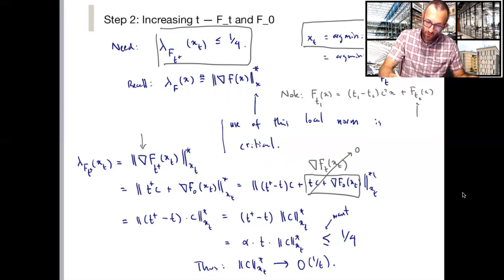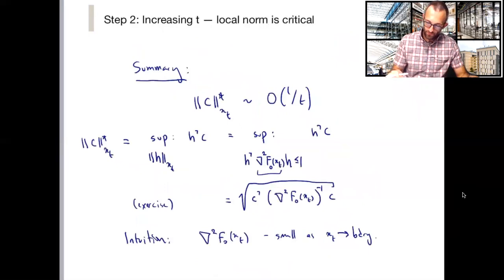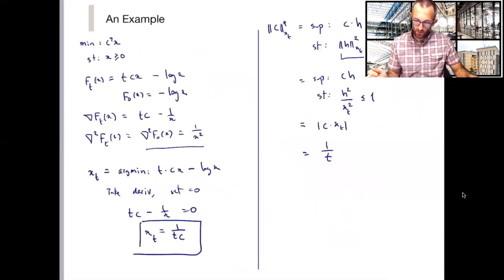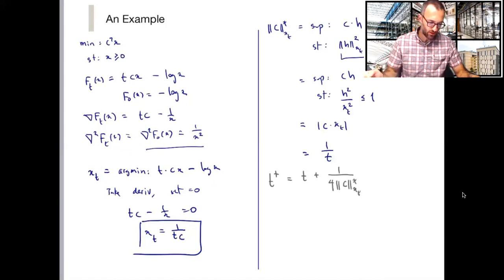And what we just did now is for the very simple example of log, we did this calculation. So that means that we can take t plus equal to t plus 1 over 4 times the norm of c at xt, star.